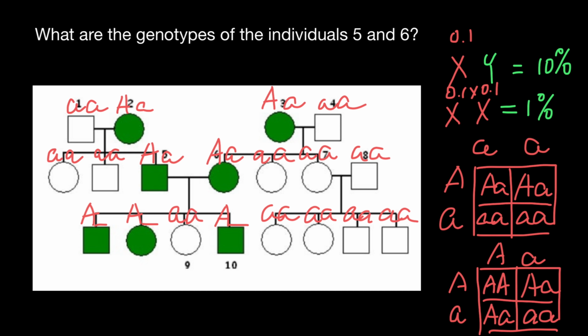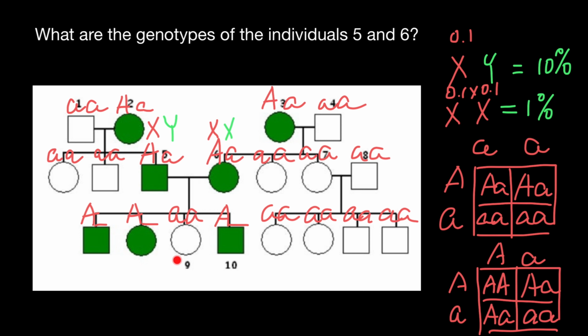That means that this male has to have one defective X chromosome and one normal Y chromosome. So let's assume that this affected male has a defective X chromosome. Then this female here, his wife, also has to have at least one defective X chromosome, and let's assume the other one is normal.